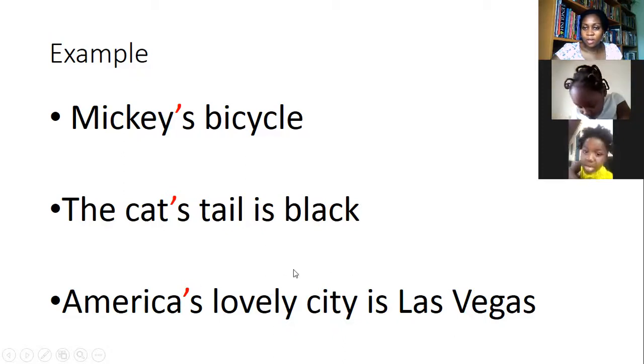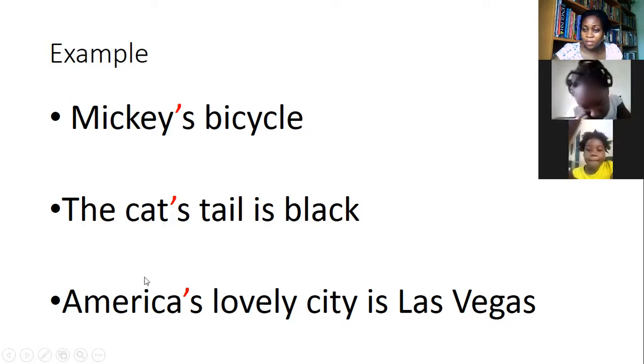Dioli, why do you say our? America is not a human being. So you can't say our or your or her or his. My, your, his, her, those belong to what? Human beings.